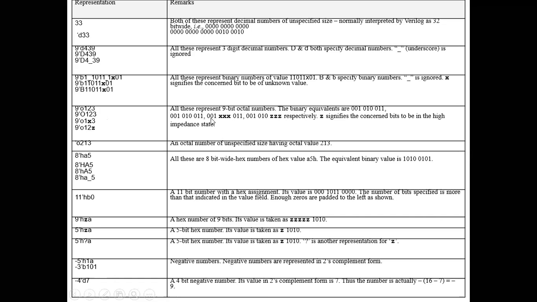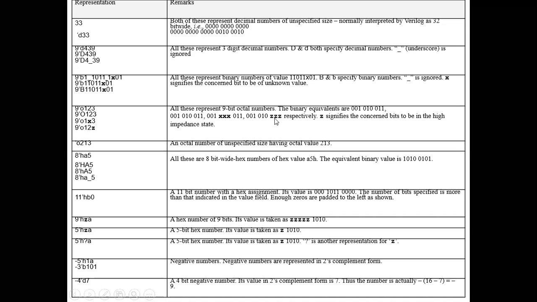So I am writing 0 0 1 in the binary format, xxx, and 0 1 1 equivalent to 3, right? Then see here, I'm once again mentioning it is a 9-bit octal and 1, 2, z. Here this is the indication of 1, this is the indication of 2, this is the indication of z.